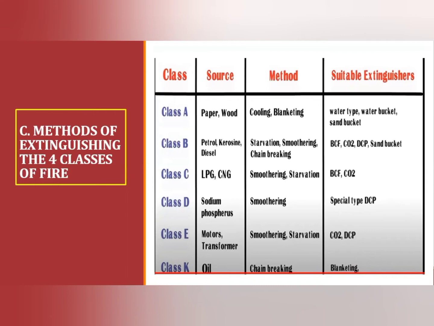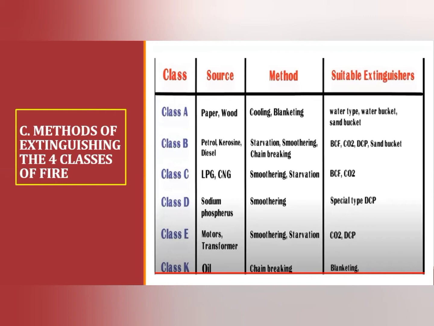When we say suitable extinguishers, it does not only say that you will use a fire extinguisher. The term is suitable extinguisher. What method or what is suitable and appropriate that you can make use of to extinguish the classification of fire. It does not say suitable fire extinguisher. So do not be confused.